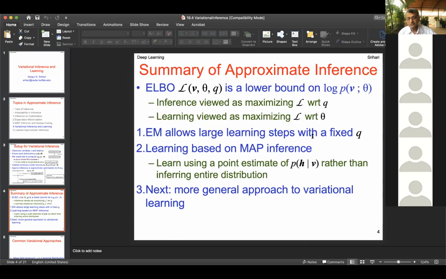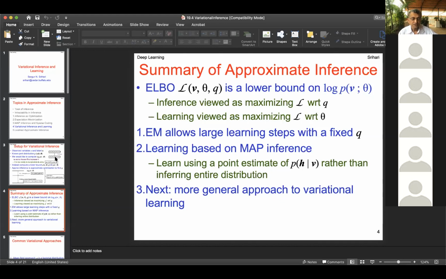So learning and inference go together here: find the parameters theta that are going to maximize L. There are 2 parameters involved here, theta and Q, so maximizing this is done in parts. EM allows large learning steps with a fixed Q. We saw that. And then learning based on MAP inference: learn using a point estimate of P(h given v) rather than inferring the entire distribution. And the next one is a more general approach to variational inference, so variational learning and inference.